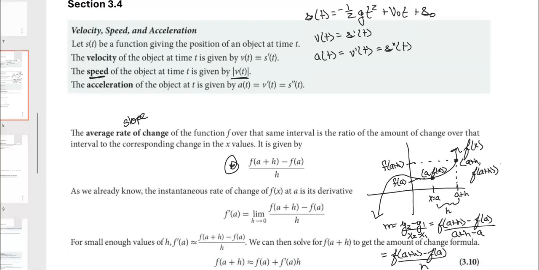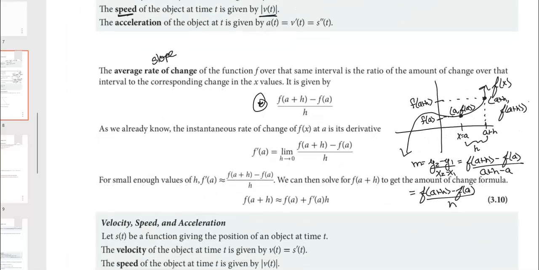Now, if we have small enough values for h, so if our distance between these two values is super small, then we can use that derivative and say that the derivative will be approximately equal to the slope for the secant line.